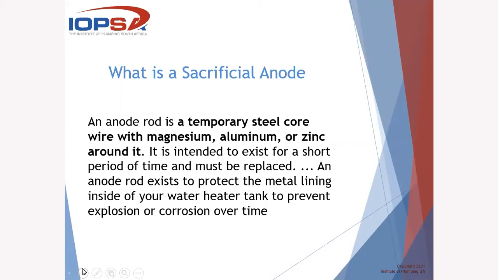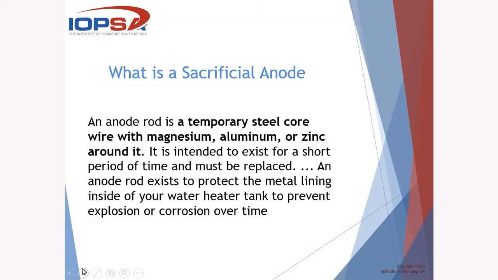And it's either made from magnesium, aluminium, or zinc around it. The magnesium, the aluminium, or the zinc have different softnesses. In other words, they dissolve at a different rate. So it is intended to exist for a short period of time, and it has to be replaced.